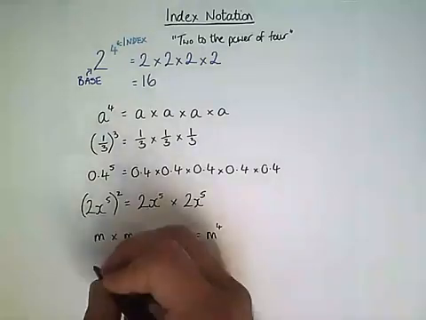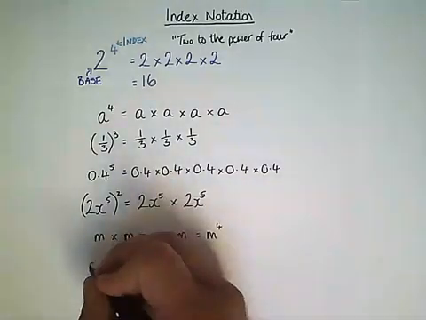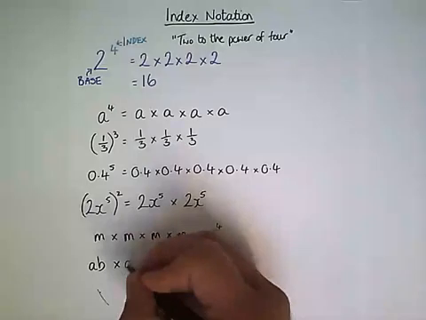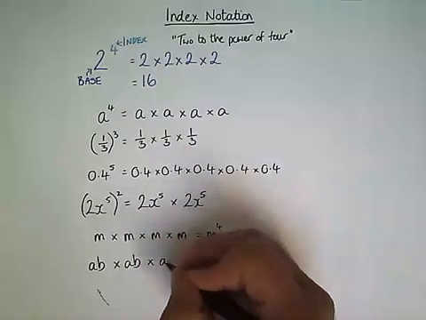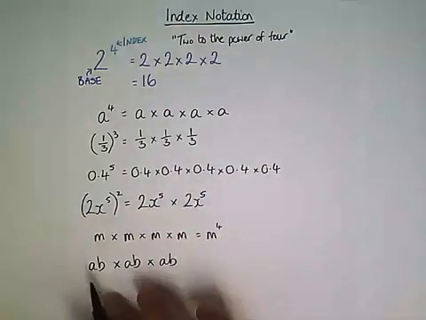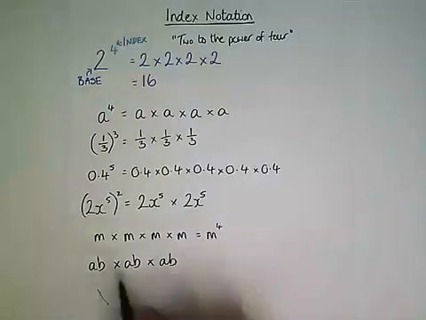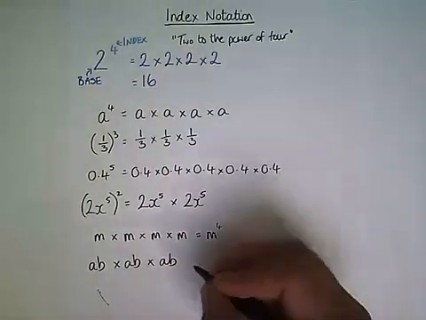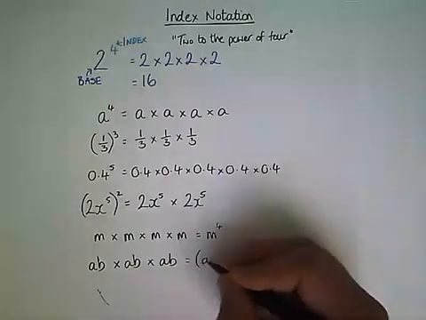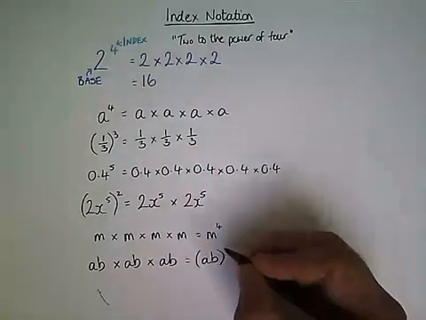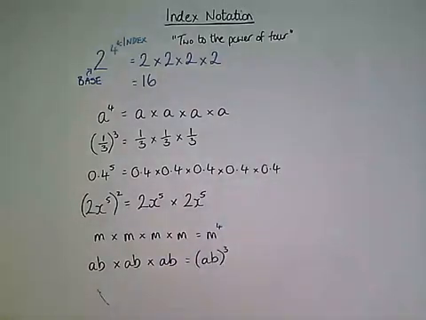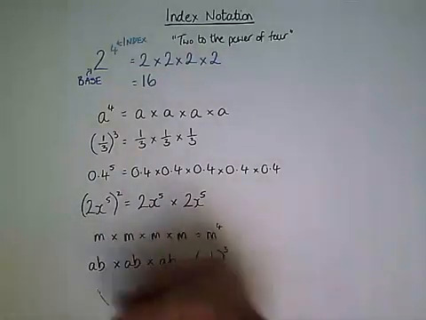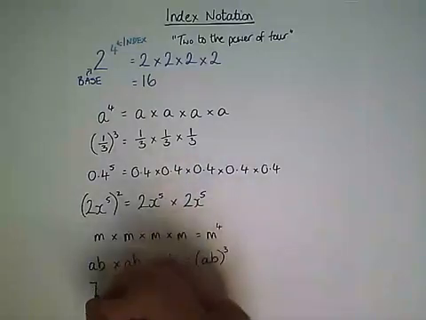If there was more than one letter, AB times AB times AB, we have the same thing timesed by itself 3 times, which means it's all of that thing. So we're going to put it in a bracket, cubed.